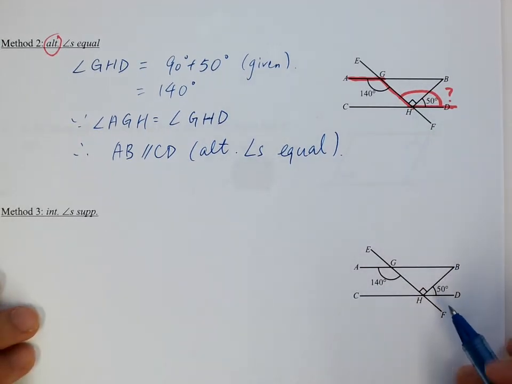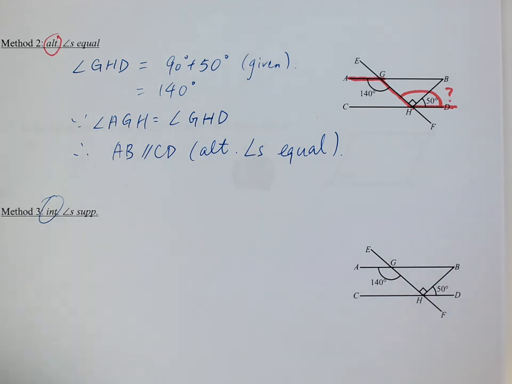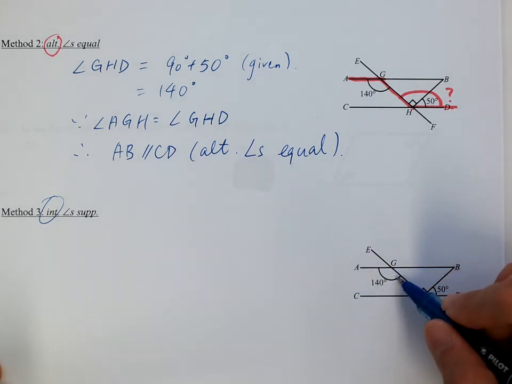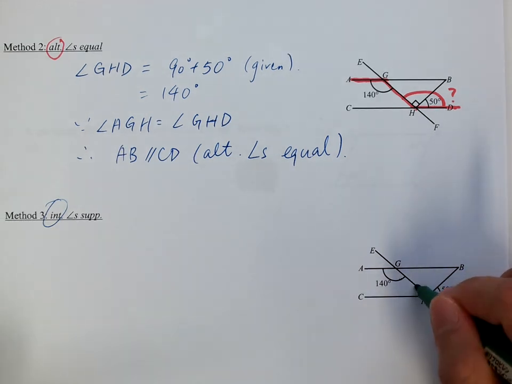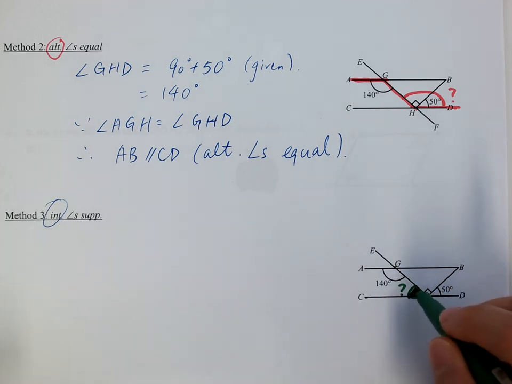Okay, method 3. Our target is to use the pair of interior angles. Which angle is the interior angle of the 140? It should be this angle, that is GHC. Again, we want to find the size of this angle. If I sum them up, 140 plus this question mark is equal to 180, then they must be parallel.